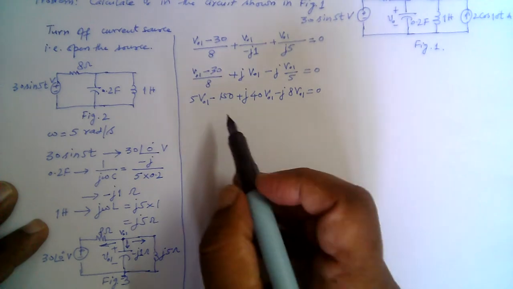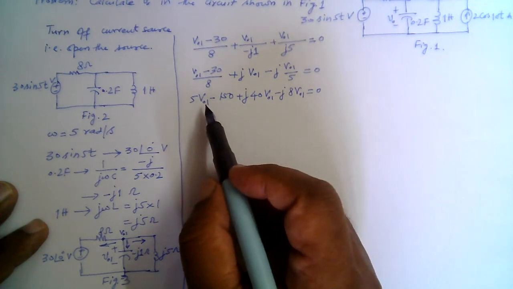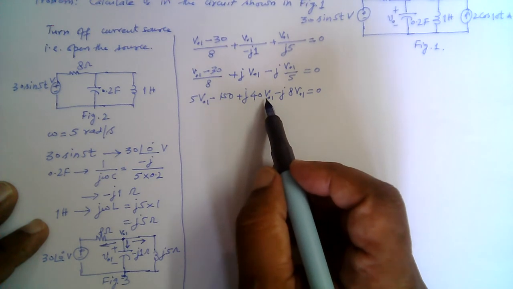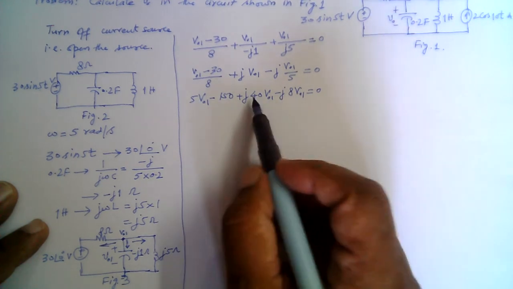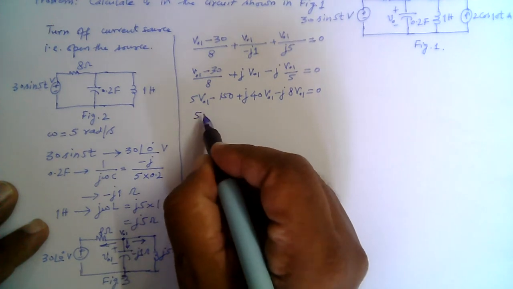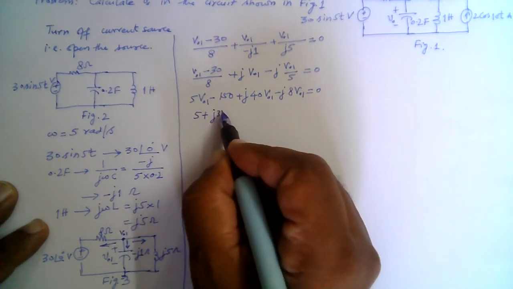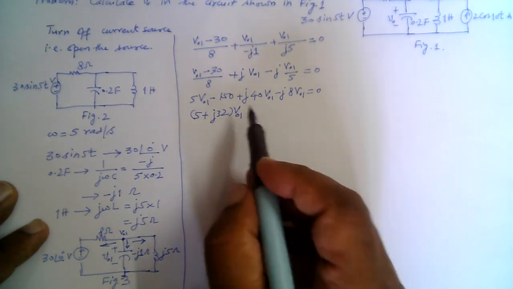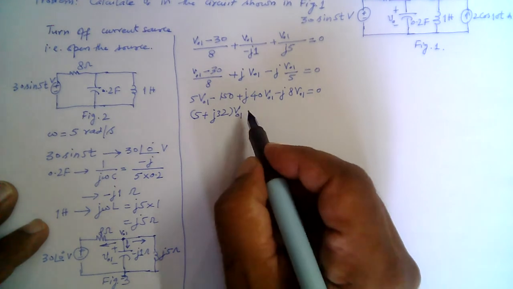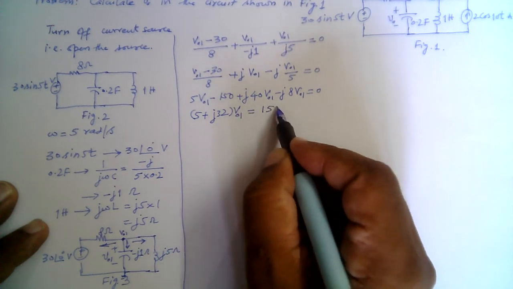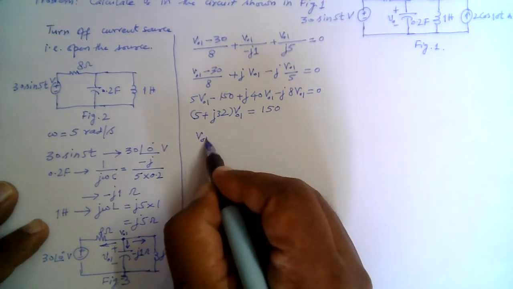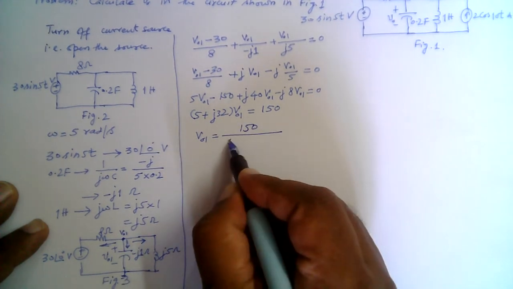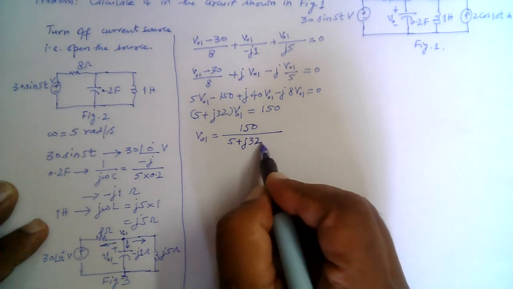So 5 V01 plus J40 V01 minus J8 V01, so that would be J32. So (5 plus J32) V01, right? And the constant term is taken on the right side, that is 150.